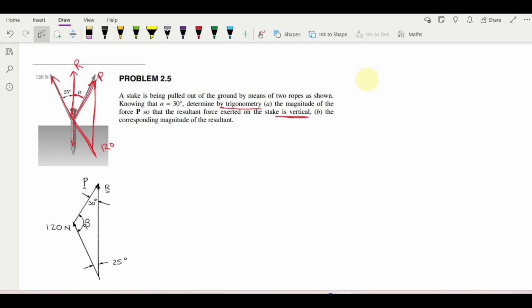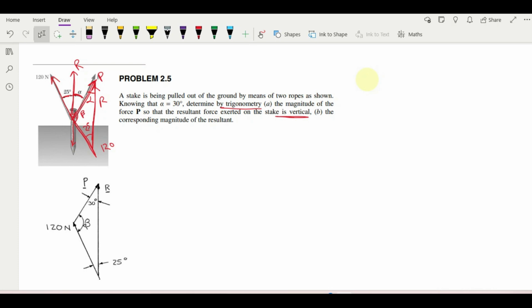This resultant force R is the same here. So if this angle is alpha, this angle will also be alpha. And if this is 25 degrees with the vertical, this angle will also be 25 degrees. But we don't know the value of this angle. So let's say this is beta.